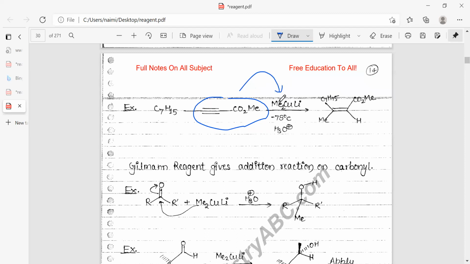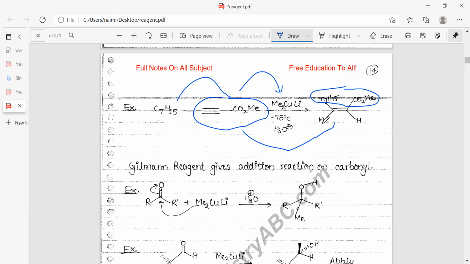So what happened here, if you see, the triple bond is converted to a double bond, meaning the electron density is reduced in this compound compared to the earlier one. You can see this group is in the cis position, meaning on one side, as compared to this one.